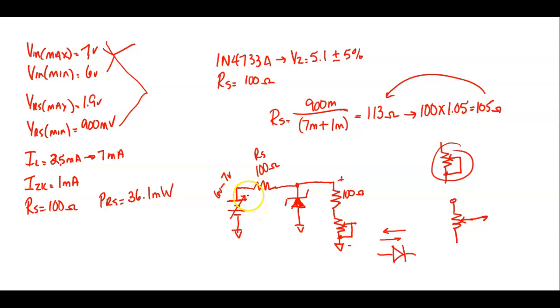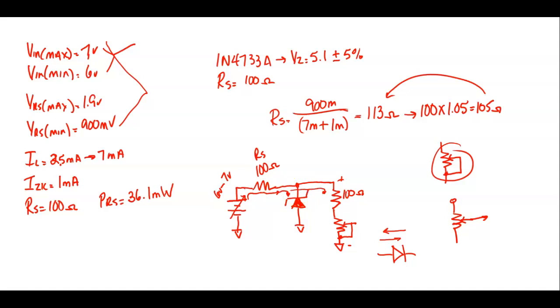So that means all my current that flows out of this power supply goes to that resistor, every bit of it. So if I wanted to calculate total current, all I have to do is measure it across that series resistor. We call it RS, which means series resistor. Now, when it gets over here, what does it do? It splits. It splits between the what?